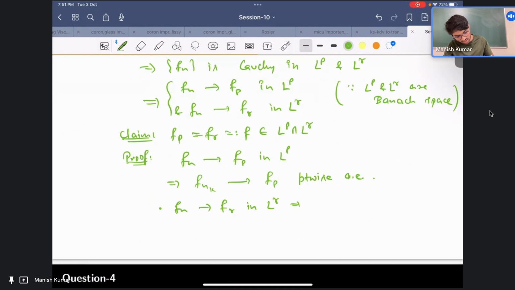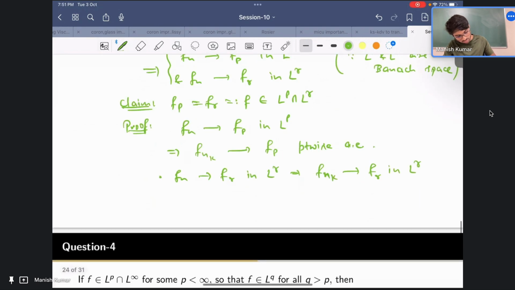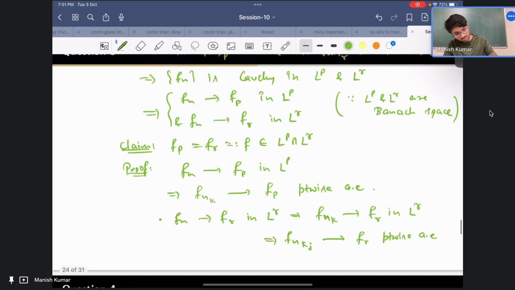This implies that the subsequence f_{n_k} converges to f_r in L^r. Now again this would imply that there exists another subsequence f_{n_{k_j}} which converges to f_r pointwise almost everywhere.